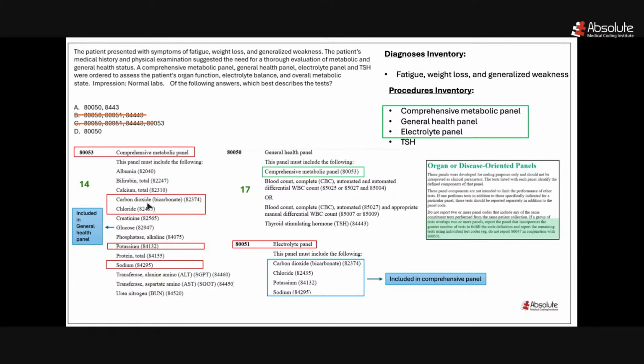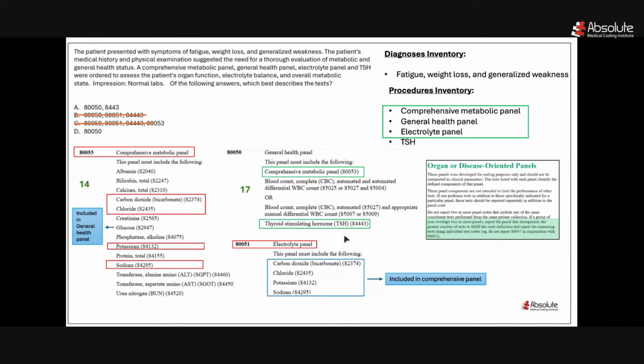Option A is coding for a general health panel and a TSH, 84443. That is for TSH, which is thyroid stimulating hormone. And if I take a closer look, I can see TSH is also included in the general health panel. So again, I don't need to code them separately. I don't need to unbundle them, right?